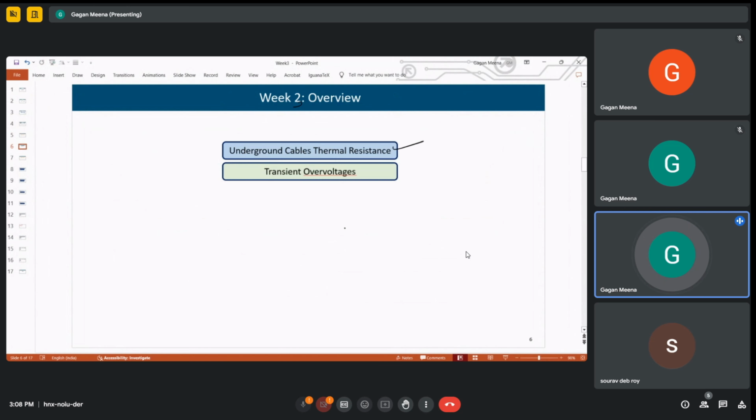In thermal resistance of underground cable, first of all, insulation of single core cable was discussed. So it was thermal resistance for single core cable and then multi core cable.